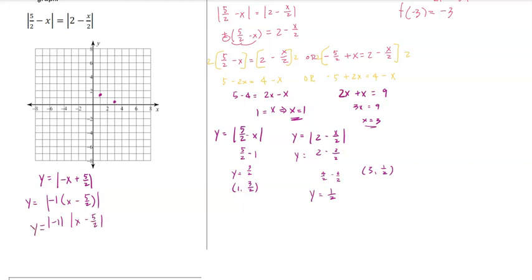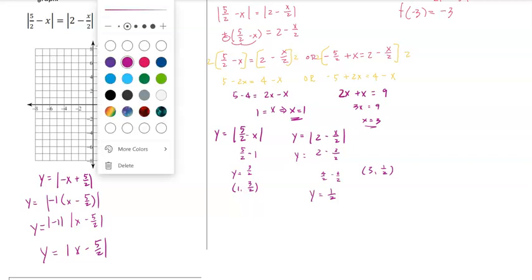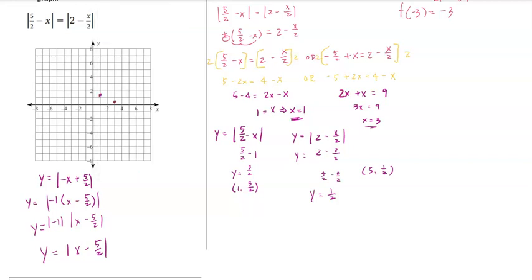So y ends up becoming absolute value of x minus 5/2. Okay, so that's going to be a plus 5 divided by 2. So we're going to add 5 halves, which is 2.5. Let's do it in a different color. 2.5.